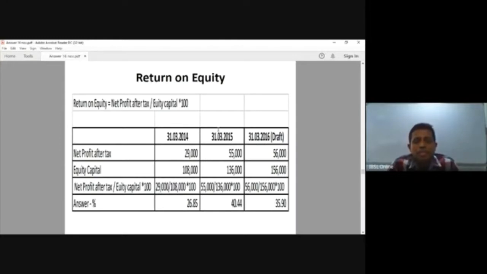Here in this question, since we are not given the figures of 2013, we cannot calculate the average equity balance. We can only get the year-end figures, right?